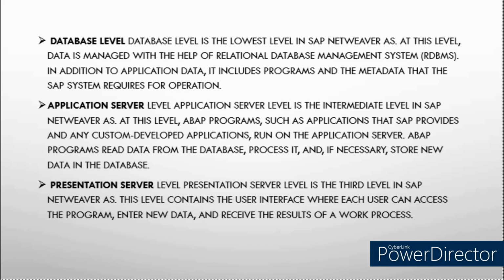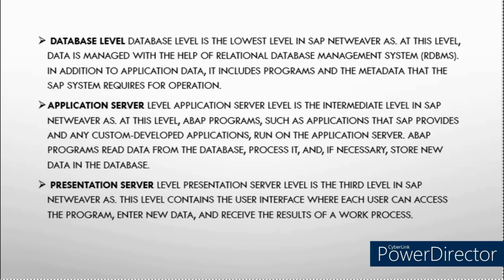Let's move further. Database level. The database level is the lowest level in the SAP NetWeaver. At this level, the database is managed with the help of a Relational Database Management System (RDBMS). In addition to application data, it includes programs and the metadata that the SAP system requires for operations.